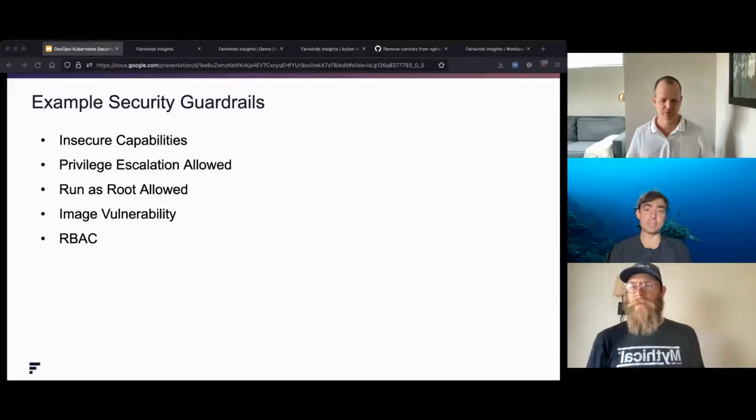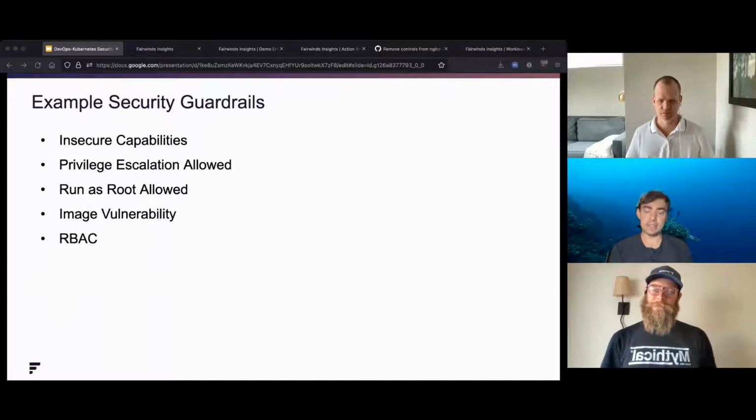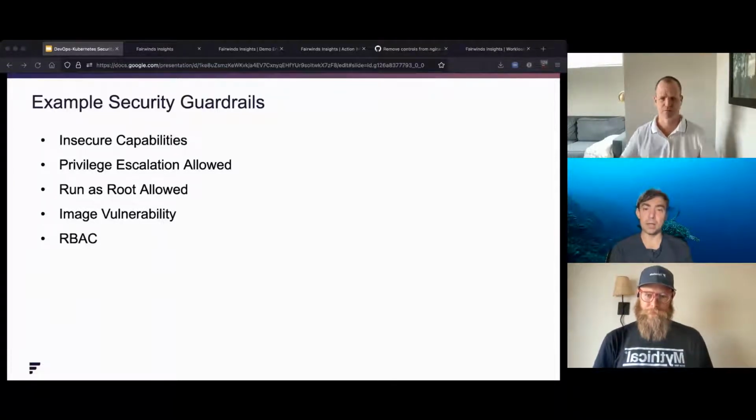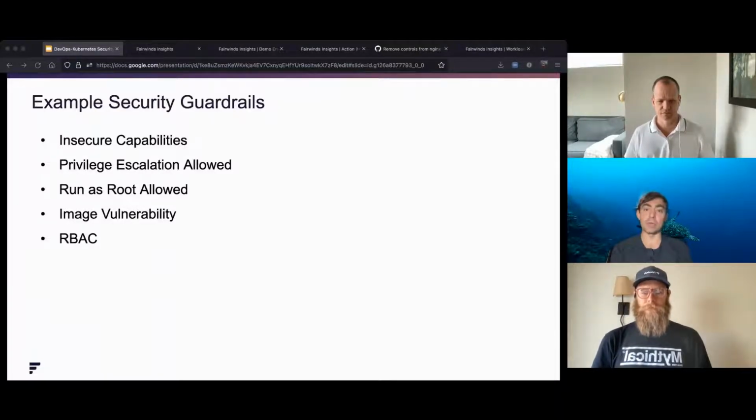So, for instance, if you run your container as the root user, inside that container you might expect, okay, well that root user is sandboxed to the container, but if they manage to escape the container somehow, they now have root access on the host, right? So whatever you give them permission to do inside the container, if they escape the container, they now have that permission on the host. So it's super important to pare down their permissions within the container.